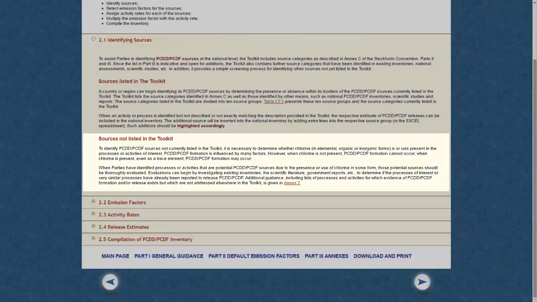However, if even a trace of chlorine in any form, elemental, organic, or inorganic, is present, the process or activity is a potential source that requires further evaluation. More information on identifying unlisted sources is given in Annex 2.